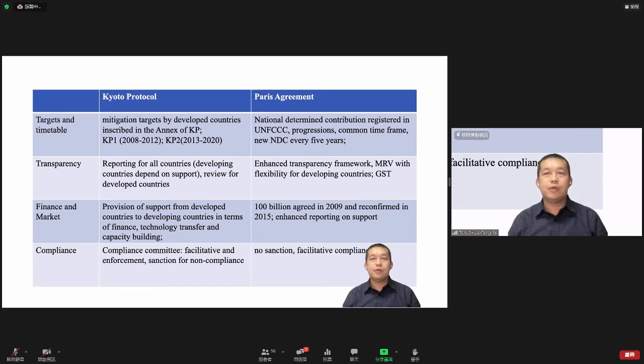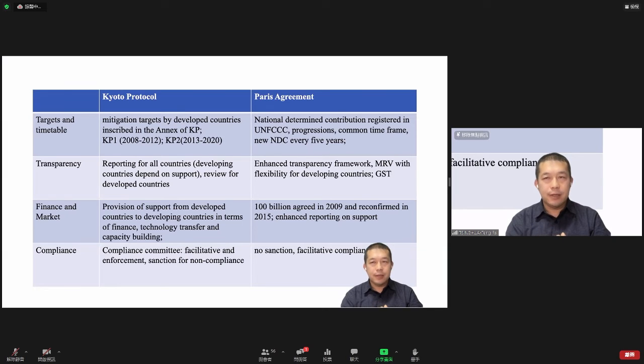And what is the difference between those two international governance structures? In this table, we compare these two international agreements in different dimensions. Of course, there are many differences in many dimensions, but we just highlight some of them. The Kyoto Protocol is generally about targets and time frame, which gave mitigation targets to developed countries, inscribed in the annex of the Kyoto Protocol, and the time frame is the two periods of the Kyoto Protocol.